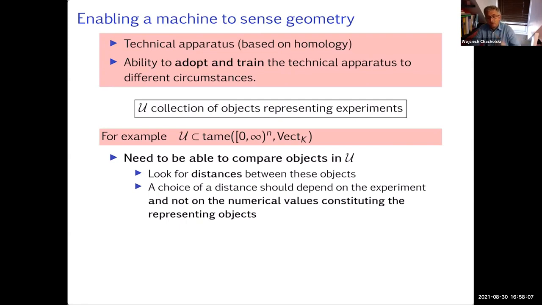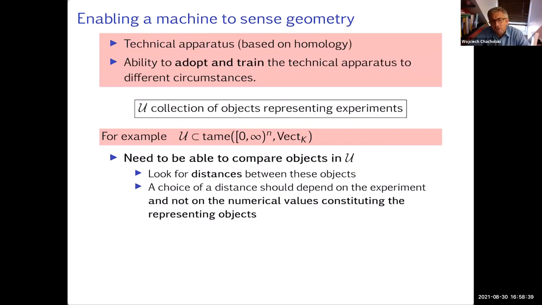For example, genetic readings might lead to some barcodes, and by sheer coincidence, similar barcodes are obtained from testing some industrial products. It should not be surprising that there might be some distances on these representing objects which are more suitable for this genetic data, and some other distances which are more suitable for data representing some test of industrial products.